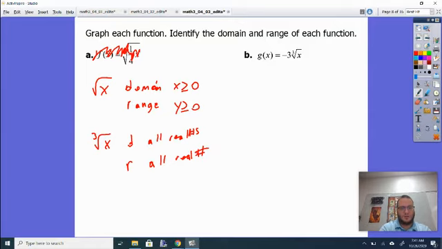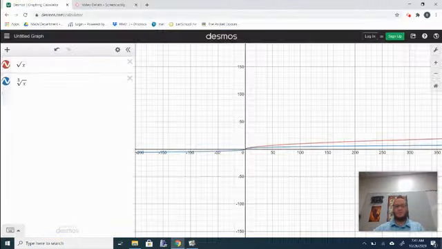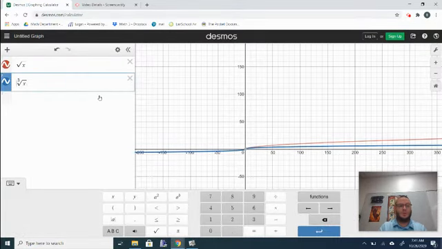Sorry. So when I have an odd root, it's always going to be all real numbers. It doesn't matter where it is. So for this one, I have an odd root. Let's put that in and see what it looks like, but it should be all real numbers for it.